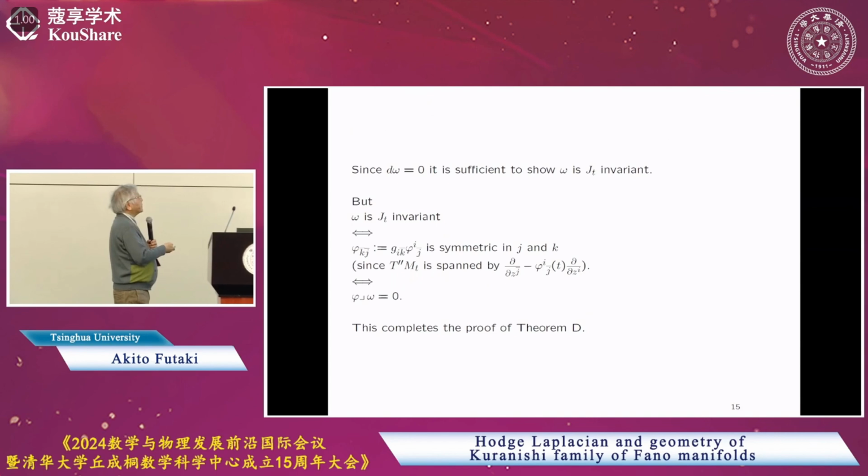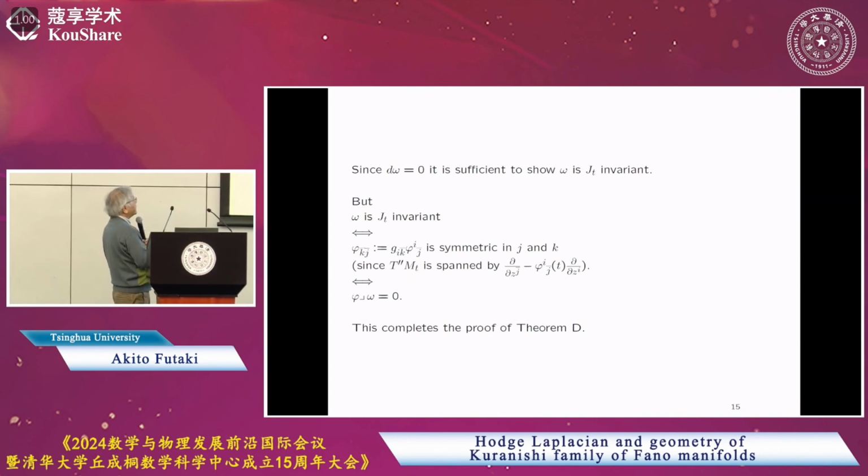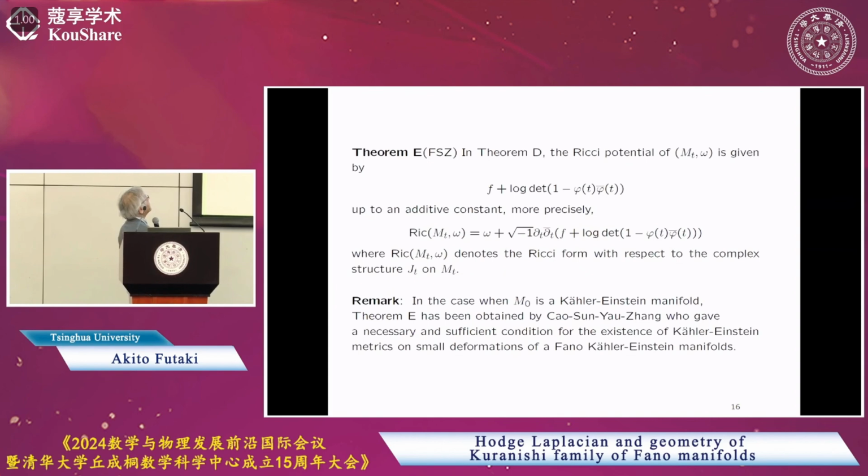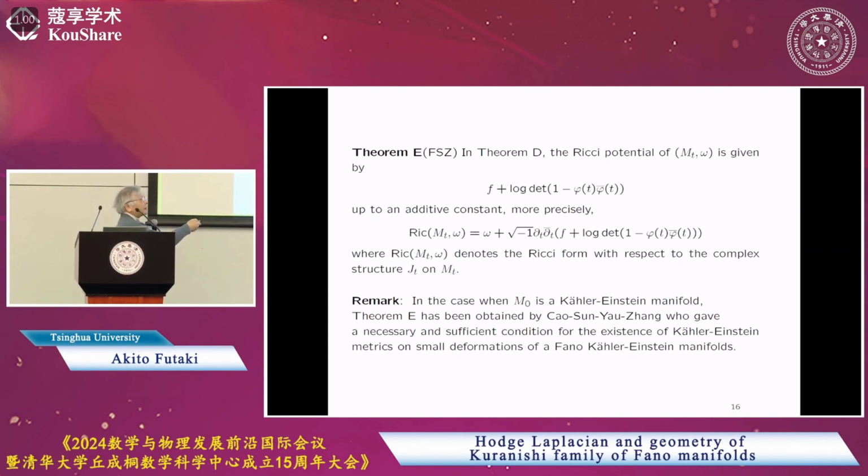So we get theorem D, and then we want to know what the Ricci potential is. So Ricci potential is the difference between Ricci form and Kähler form. So we know that this omega is still a Kähler form for this deformed MT. And the answer is that the Ricci form is given by this equation.